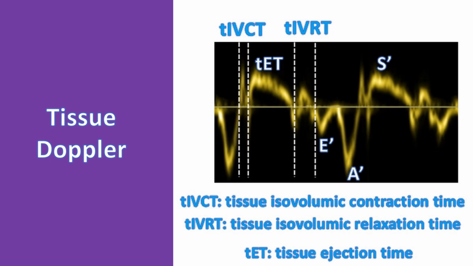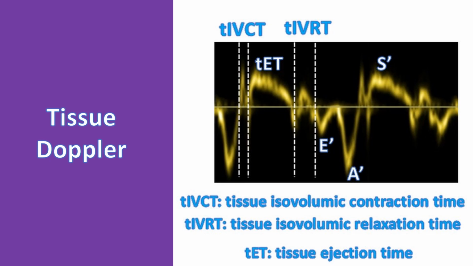These tracings have distinct E' and A' in diastole, a systolic velocity S', and spikes for isovolumetric contraction and relaxation. Tissue Doppler can quantify both systolic and diastolic myocardial function and is less load dependent. Early identification of right ventricular dysfunction and correlation with clinical function is feasible.